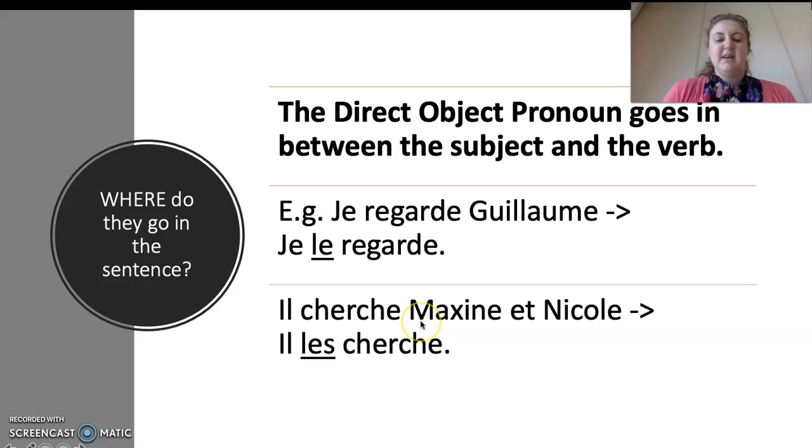Now we want to say he is looking for them. Since Maxime and Nicole is more than one person, we're not talking about us, we're not saying you as a group, we want to say they. In this case, we're going to be using les. So we'll say Il les cherche. See how here again we have put the les in between the subject and the verb.